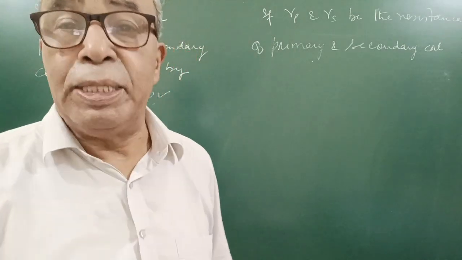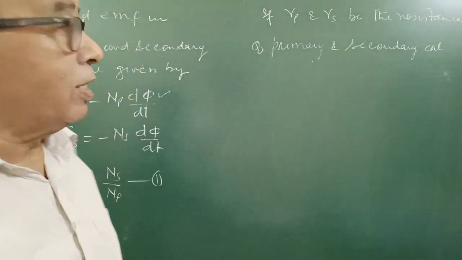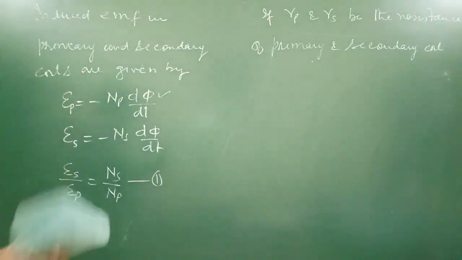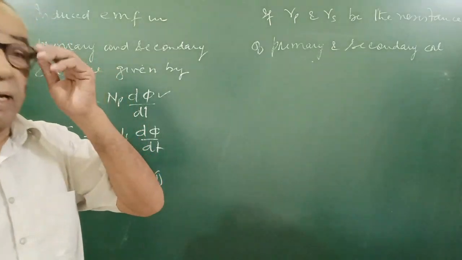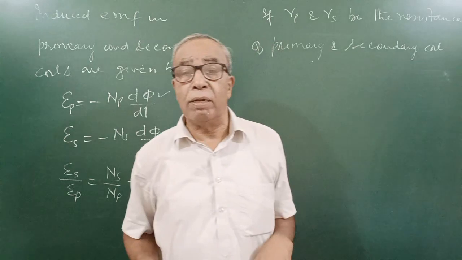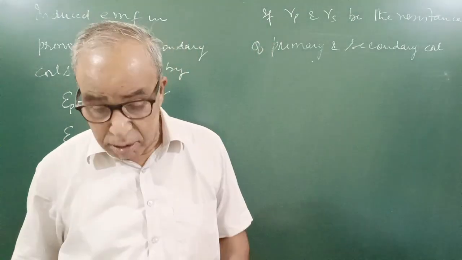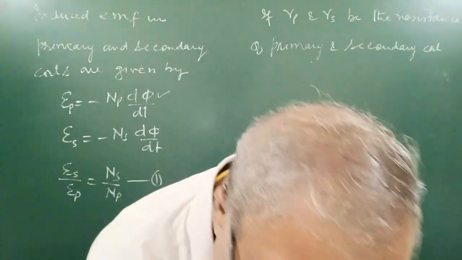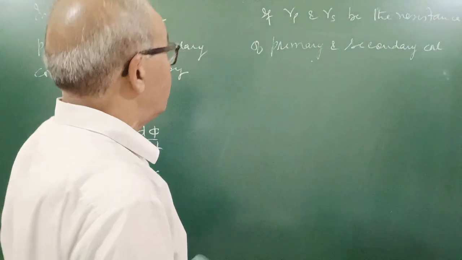Resistance certainly will be there. Some people say there is no resistance in a transformer. How can they say that? The coils of a transformer are made of copper wire. We can decrease resistance by using thick wires, but resistance is there.